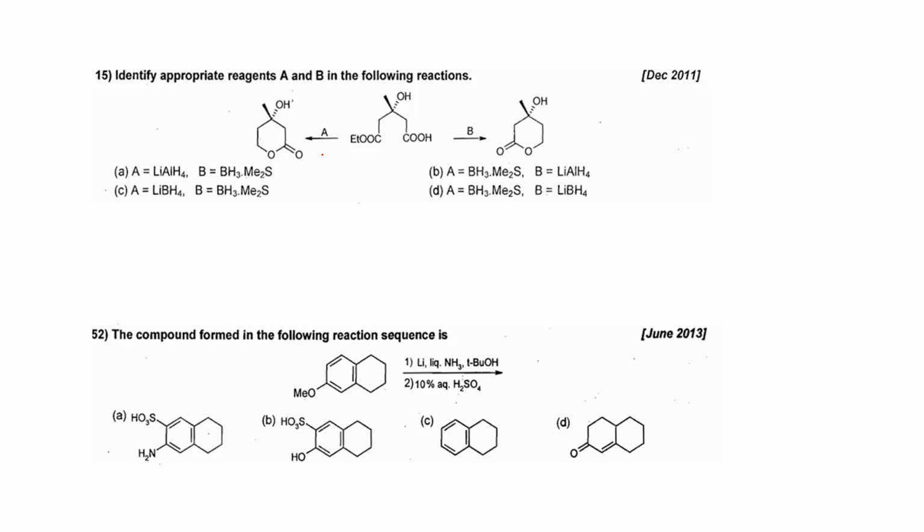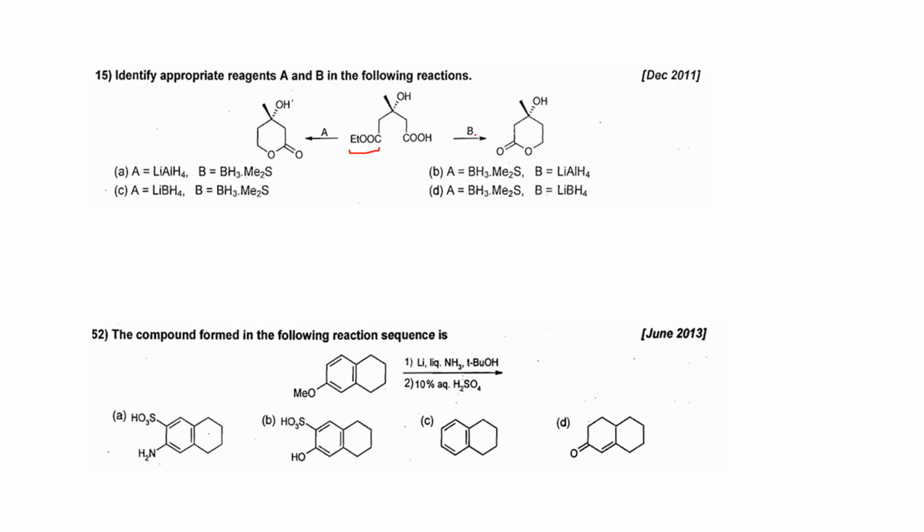So from here you can see a cyclization is getting performed. In A, this carbonyl is present at this part and there is no such carbonyl. So that means in case of A, this ester will be reduced to alcohol and this alcohol will attack this acid to form this lactam ring.